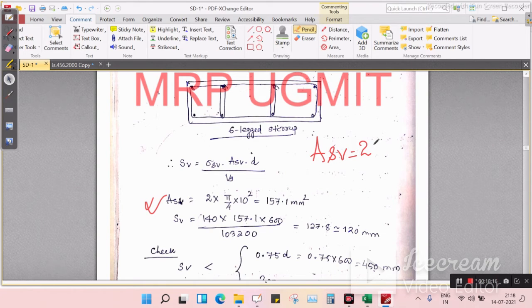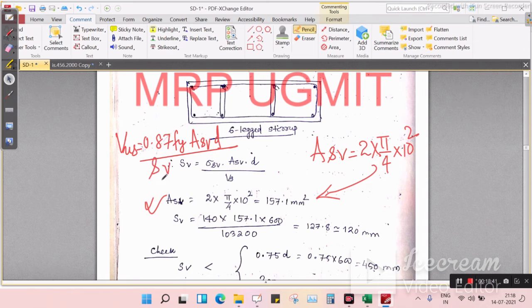Two leg means we have to multiply 2 into 10 mm diameter stirrup, so pi/4 into 10 square. So the value is 157.1 mm square. Okay, so already our formula is Vus is equal to 0.87 fy into Asv into d divided by sv.